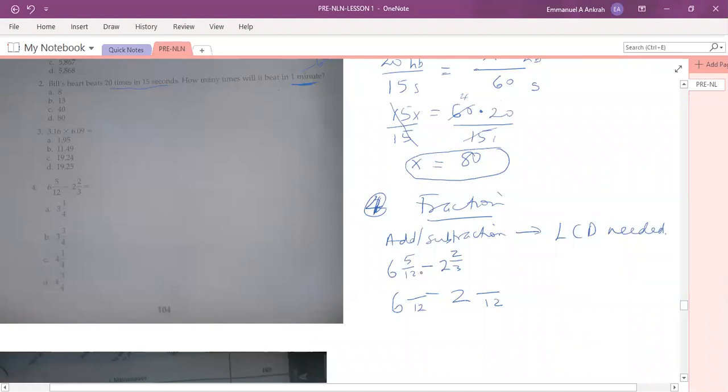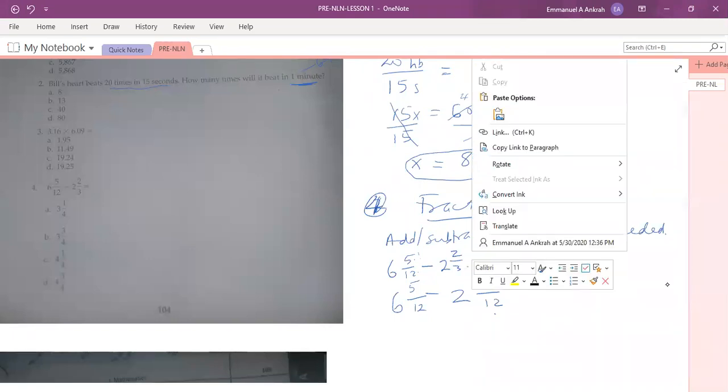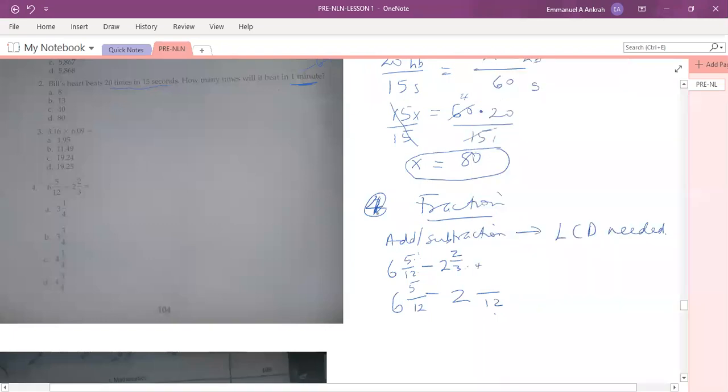It's times 1, so we multiply the numerator also by 1, that would be 5. How do I move from 3 to get 12? I have to multiply by 4. Whatever I do to the denominator, I do the same to the numerator. So I multiply this also by 4, and that gives me 8.